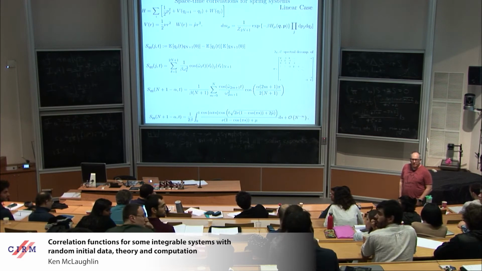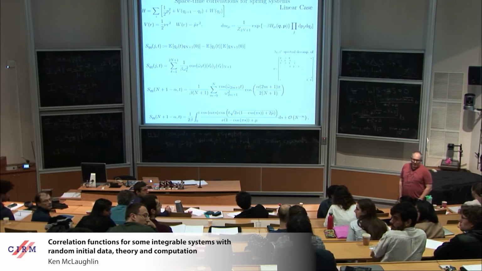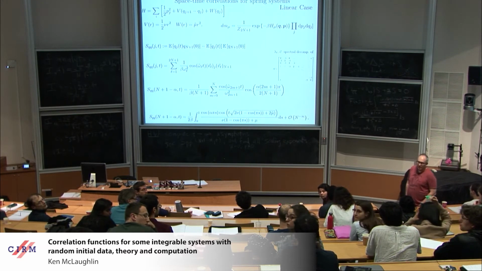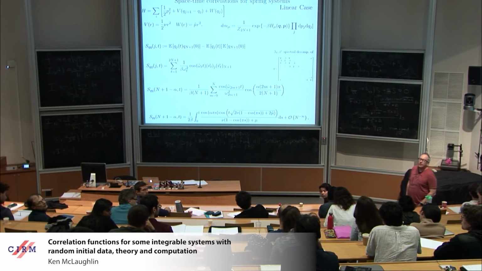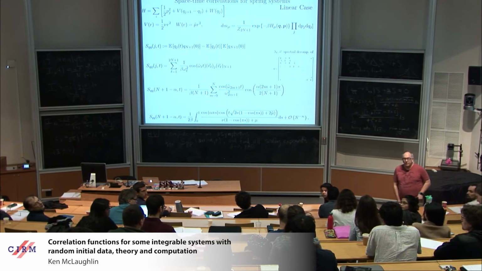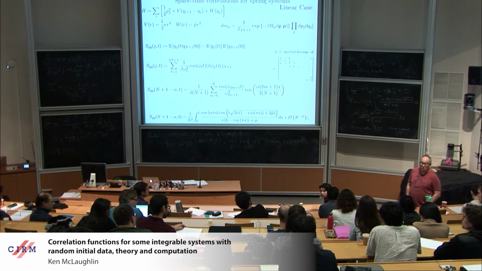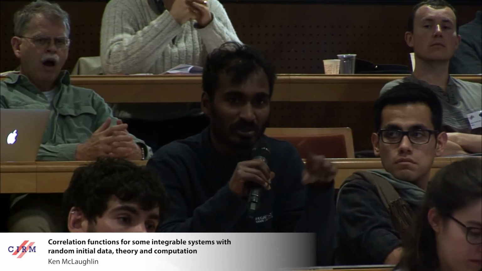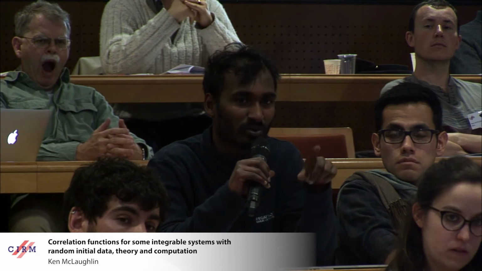Maybe just another comment. Maybe the reason why for the harmonic oscillator you have this square root of t and not one over square root of t is that the harmonic oscillator is too good. Could be. Today someone mentioned a similar conjecture in quantum chaos.